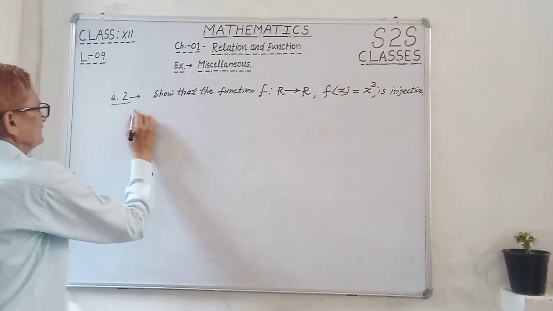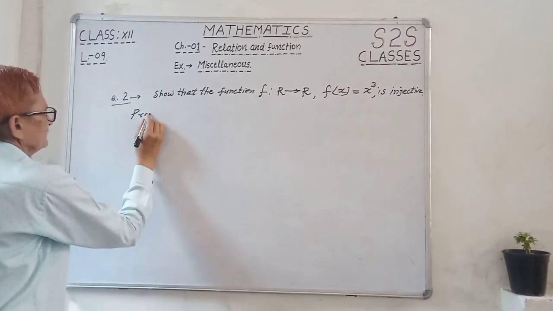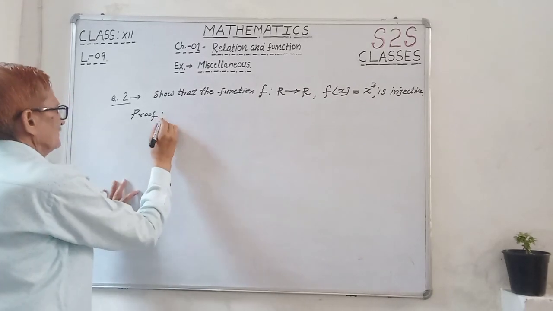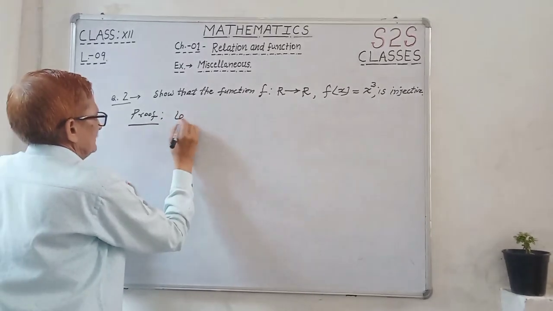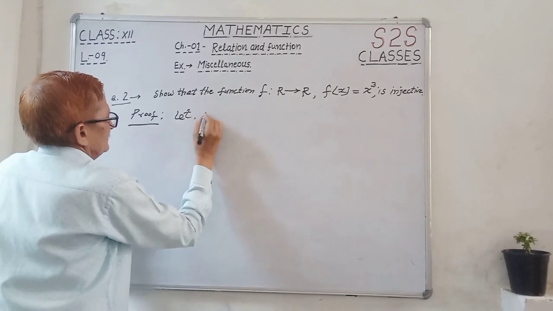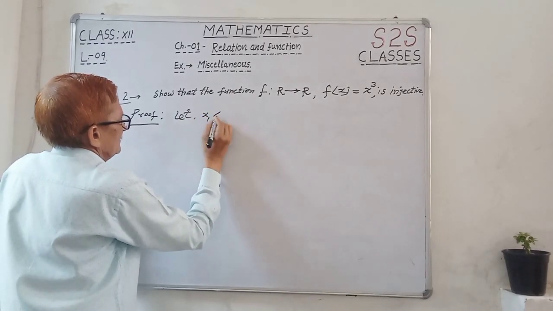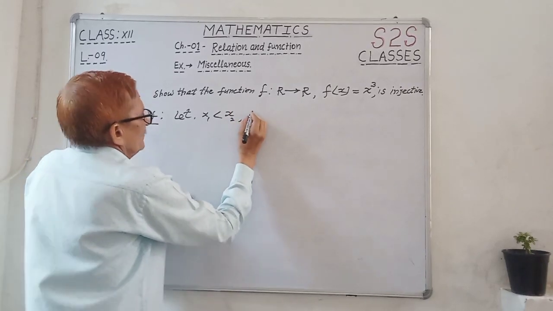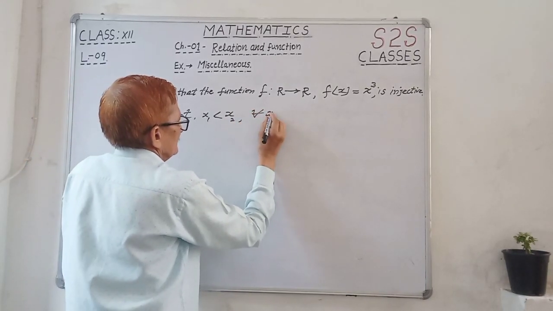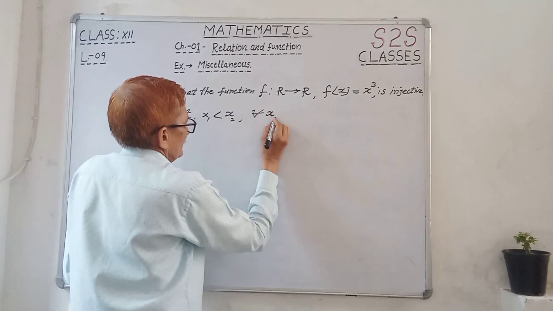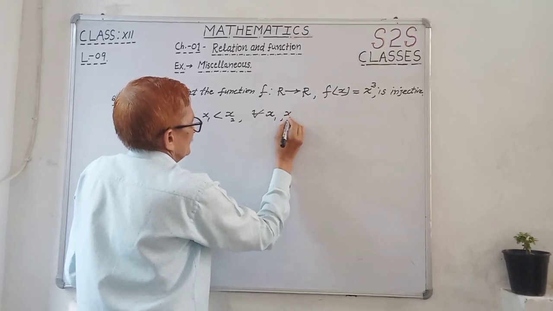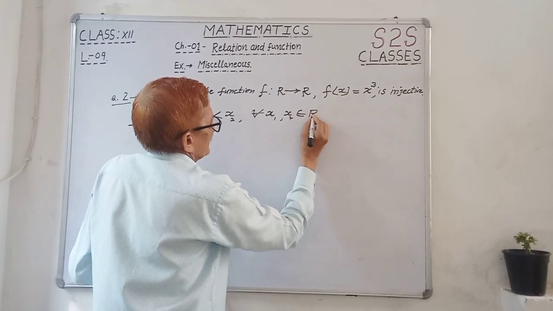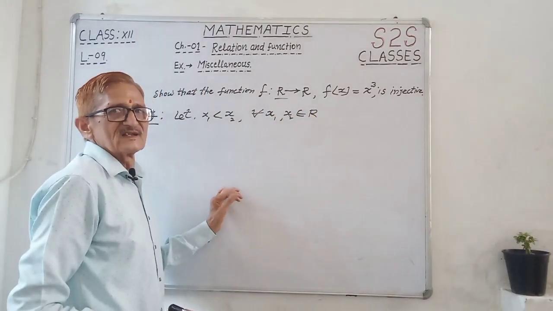So the proof of this: let x1 less than x2 for every x1, x2 belonging to the domain set. The domain set is the real number set.